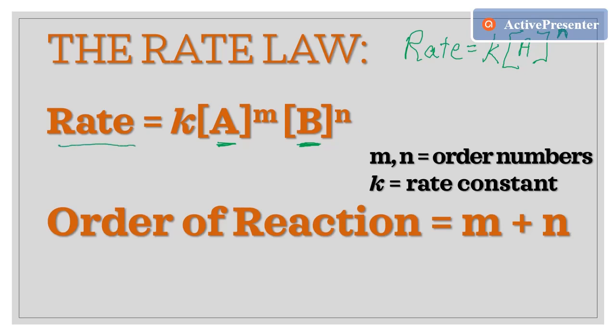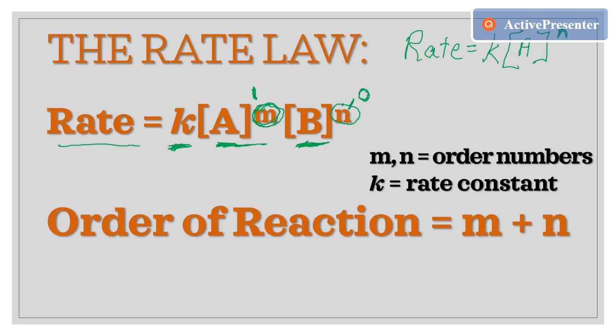So we have the rate equals k, the rate constant, which just stays there, times the concentration of A to the m, and m is just the order number. So say A was first order, and then times the concentration of B raised to the power of B's order number. Let's say B had a 0 order. I'm just making these up.